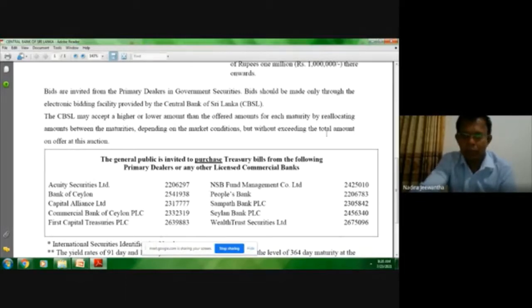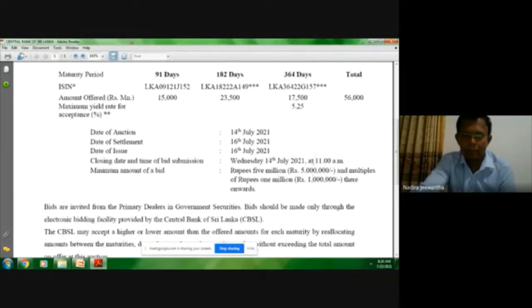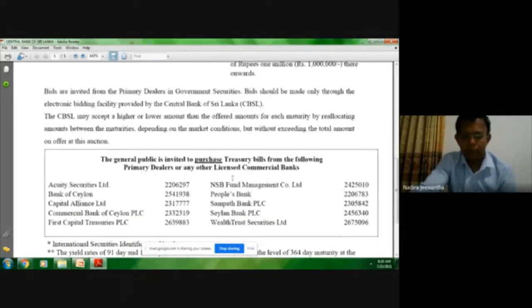I'll be uploading that paper article for your future reference, and the examiner can test you on why the decision came, why the central bank has asked for more capital for these 10 primary dealers. Why?